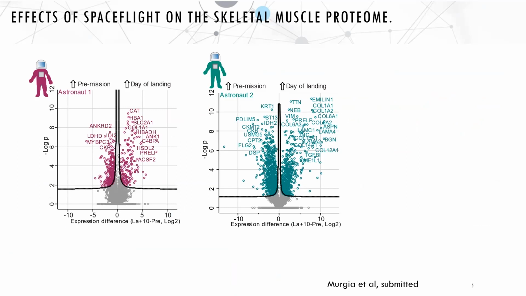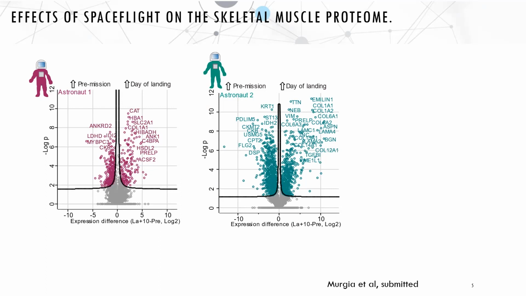It is essentially a large t-test across the whole quantified proteome. On the x-axis, you can see the difference in expression, log2. Whatever is on the left side has a higher expression in the biopsy pre-mission, and whatever is on the right side has a higher expression on the day of landing.